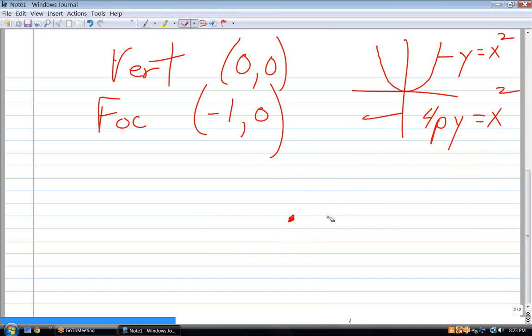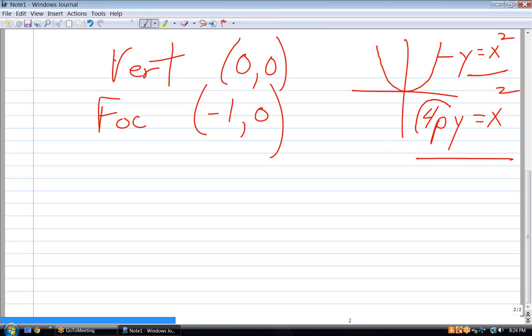So let's forget your problem for one moment and look at the one I just drew. On that parabola, what would p be? In other words, if y equals x squared and 4p times y equals x squared, what are you going to equate 4p to? No, the coefficient that's in front of y.